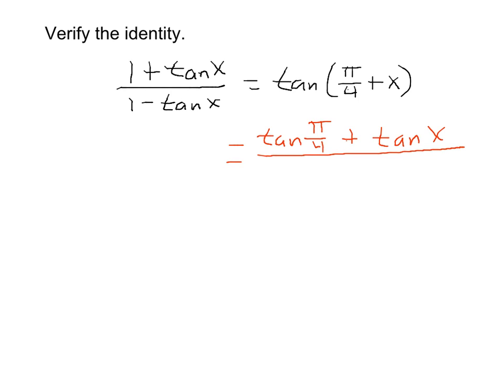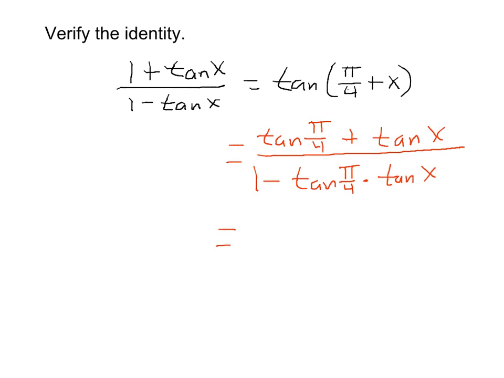Now, there's my numerator. Now I go down to the denominator, 1 minus the tangent of the first term, so tangent of pi over 4, times the tangent of the second term, tangent of x.